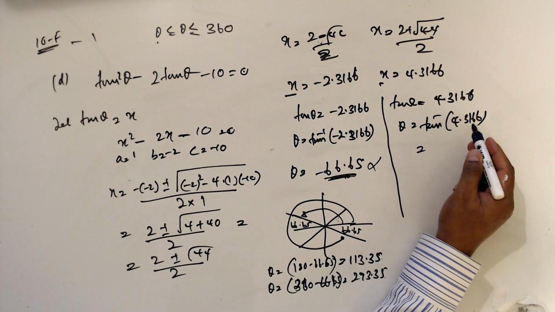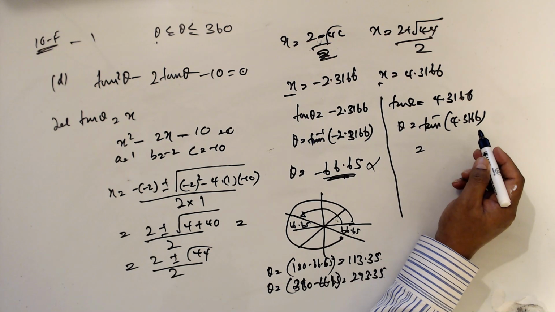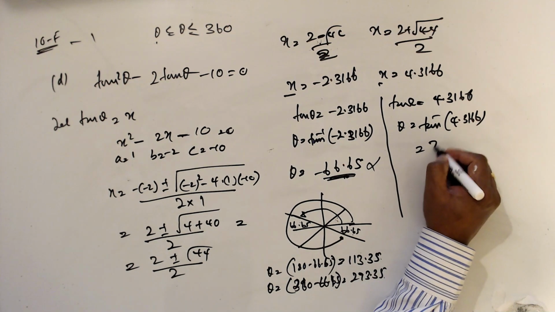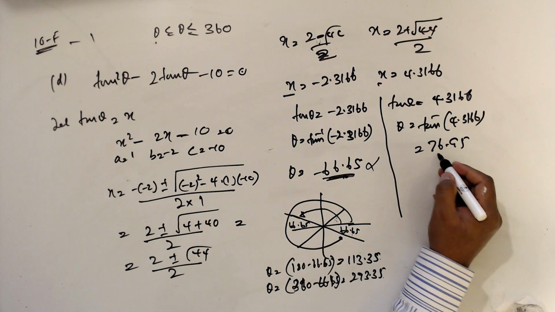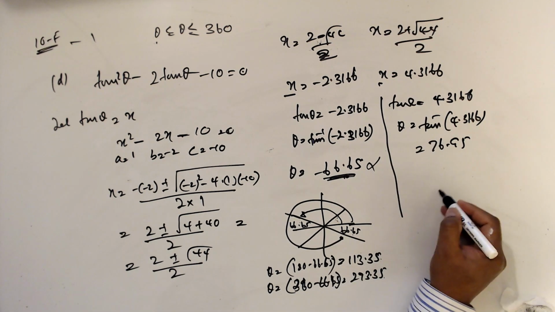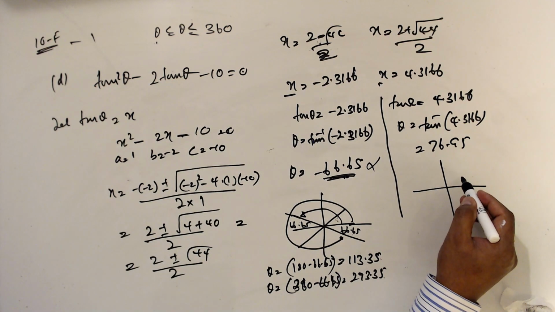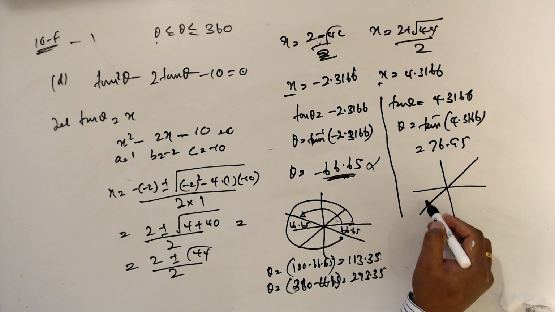Now theta equals tan inverse 4.3166. So that is 76.95. So this is also acute. The tan is positive in the first and third quadrants.